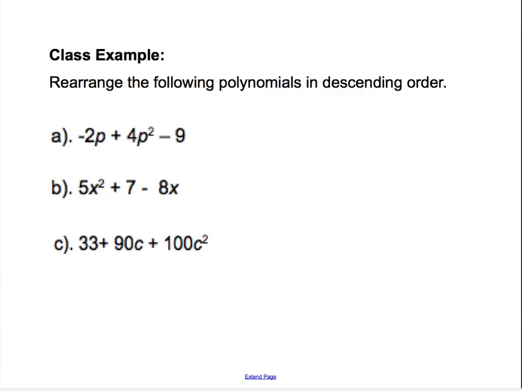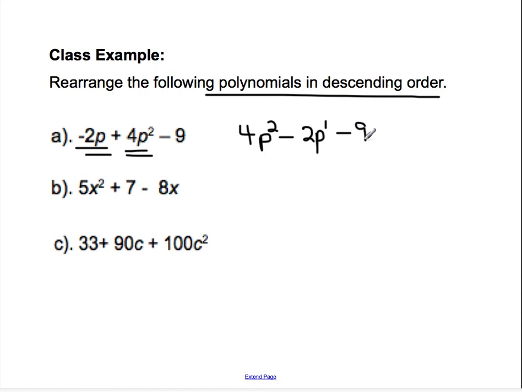Okay? So let's rearrange the following polynomials in descending order. We have a 4p squared, and then a negative 2p, because this is 2p to the 1. So we have a p squared, a p1, and then our constant term comes last. Because really, it's p to the 0, remember?